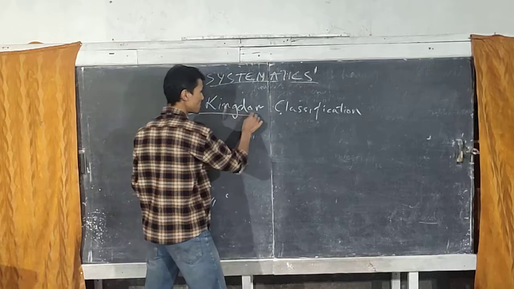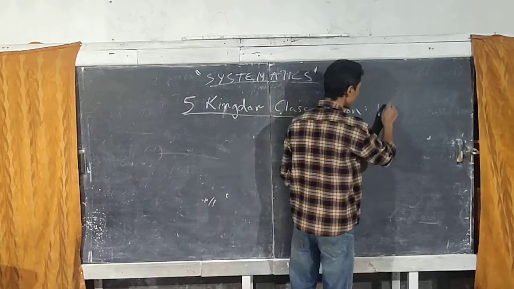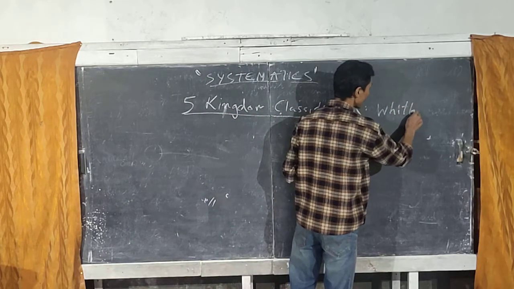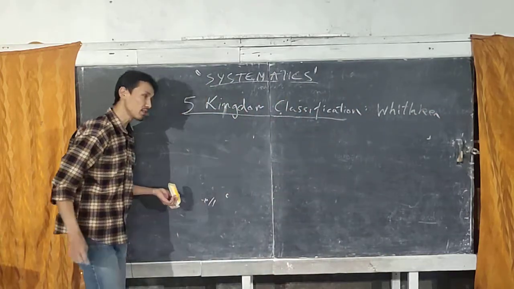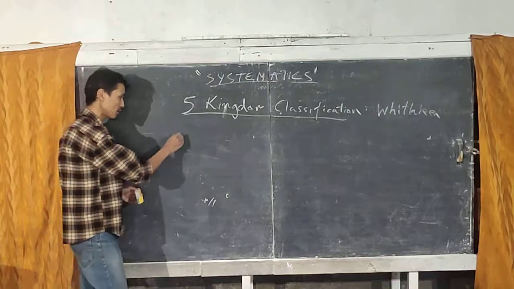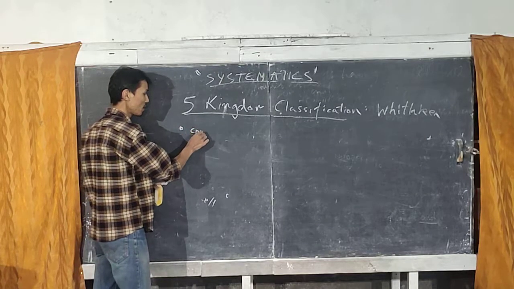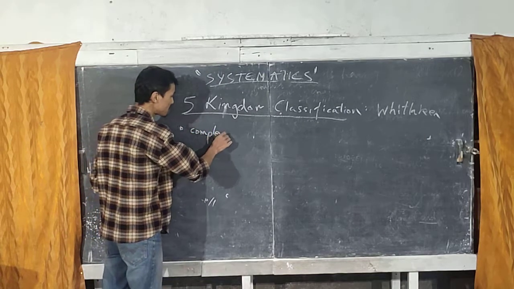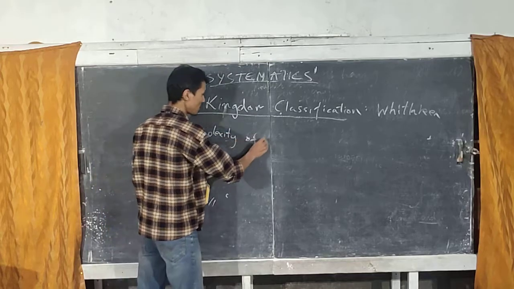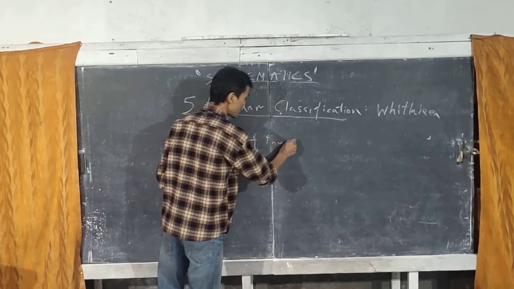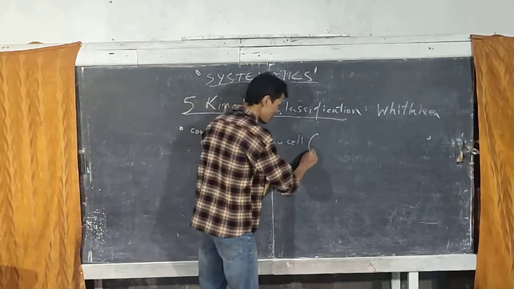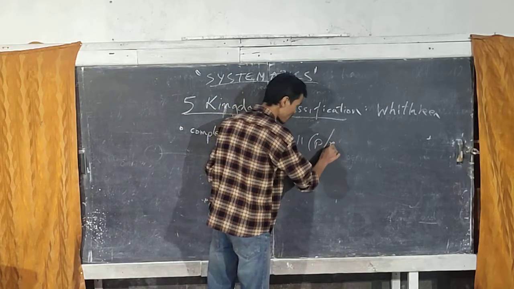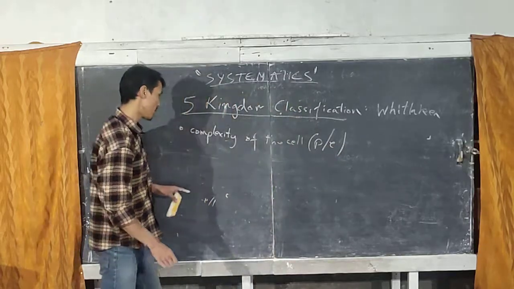This classification was given by Whittaker. Why is it most widely accepted? Because it follows 3 main principles. One is complexity of the cell. By complexity of the cell, what it means is whether the cell is prokaryotic or eukaryotic.